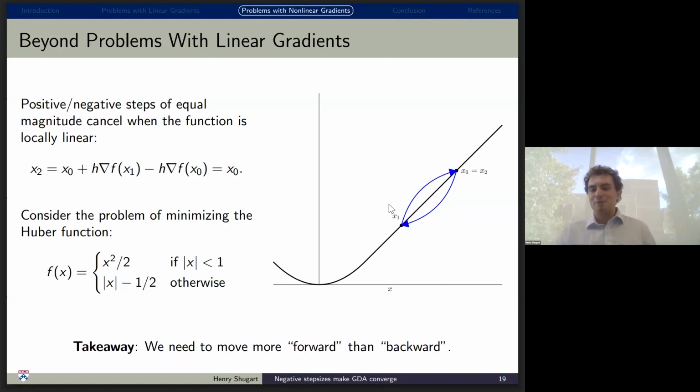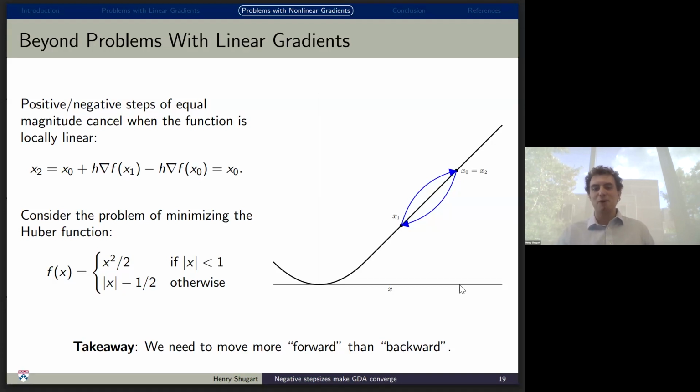So the positive negative step sizes that I just talked to you about have a natural flaw, in that if the gradient at the update at x1 is the same as the gradient at x0, of course, they're going to cancel exactly, and we're going to have a kind of trivial cycle. And this is the case even in the simple problem of the Huber function. So anywhere the function is locally linear, taking a positive and negative gradient step is nonsensical.